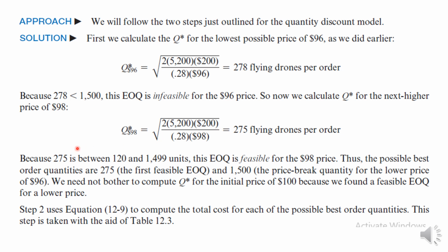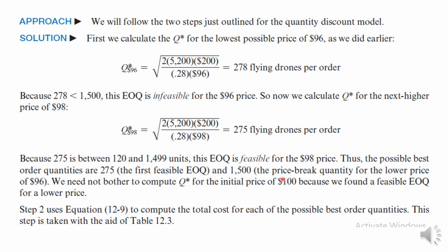Thus, the possible best order quantities are 275, the first feasible EOQ, and the other one would be the next range of the price. You see, the next range of the price starts from 1500. The next lower price of 98 is 96, and its price range starts from 1500.